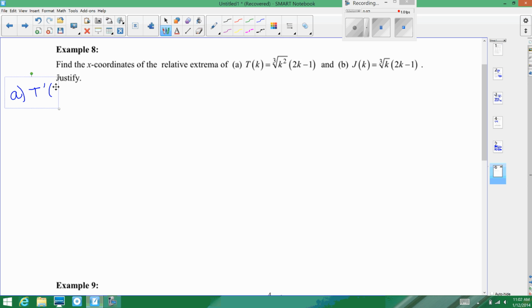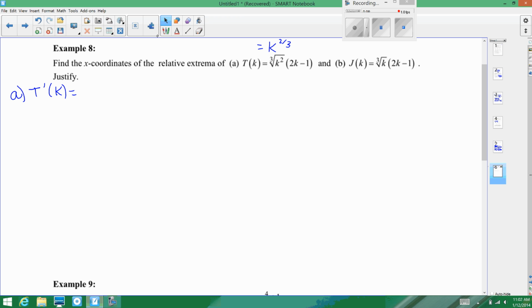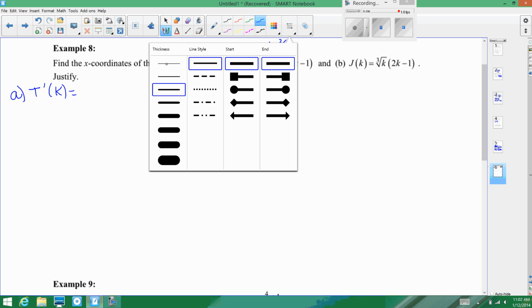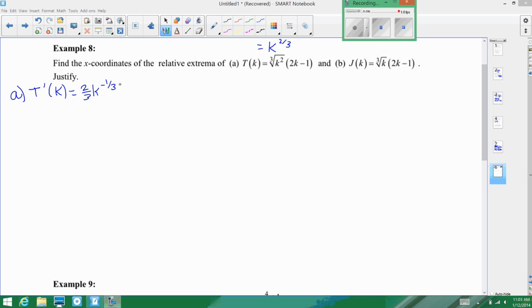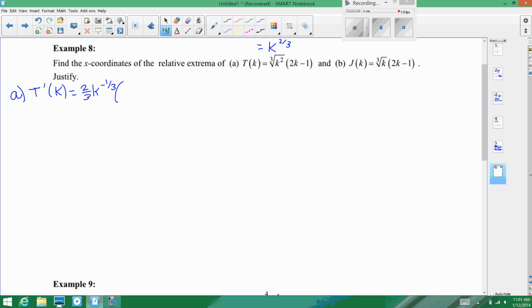So t prime of k, let's see, if we rewrite this, it could be k to the 2/3. That might make it easier to take the derivative. So we get 2/3 k to the -1/3 times 2k minus 1.